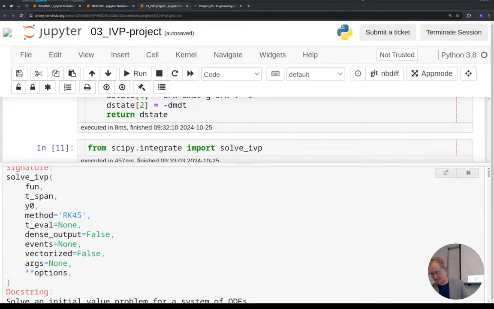Then the default method is a Runge-Kutta 4-5, which is similar to the Euler method, but instead of just one, or that Euler-Kromer method where we use 2 derivatives, the step and half step derivative, 4-5 is now using 4 half steps to calculate that, but it's still a nice explicit method.